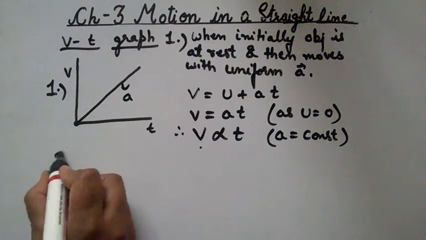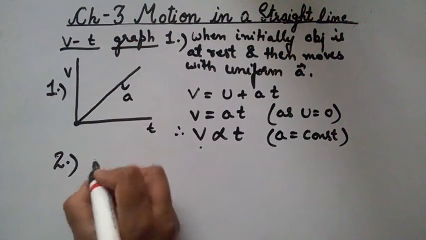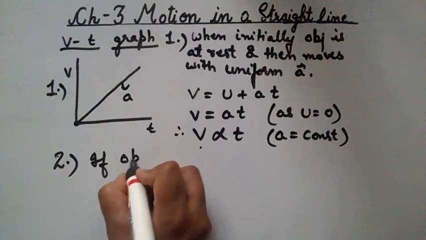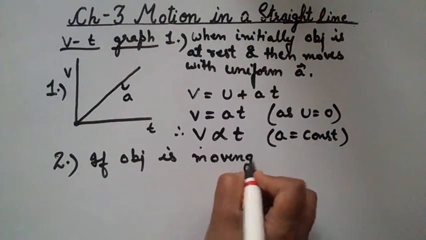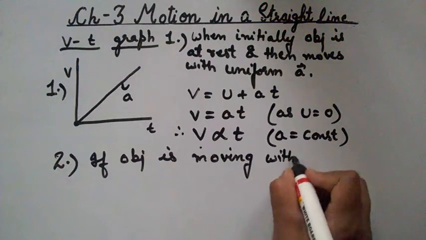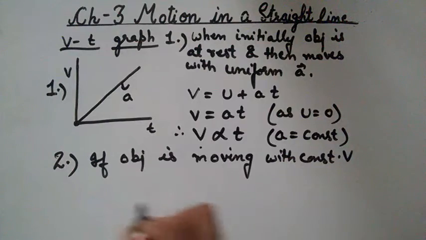Second situation is if the object is moving with constant velocity. Thus the velocity is not changing with time.